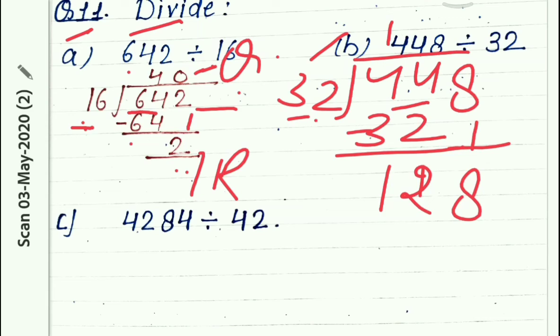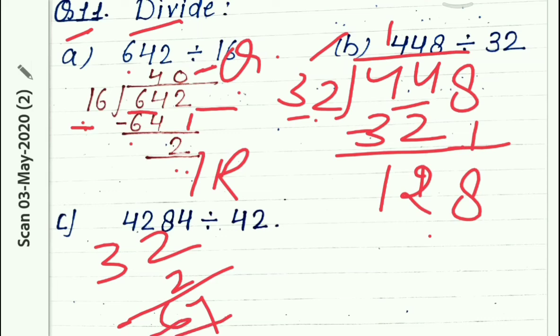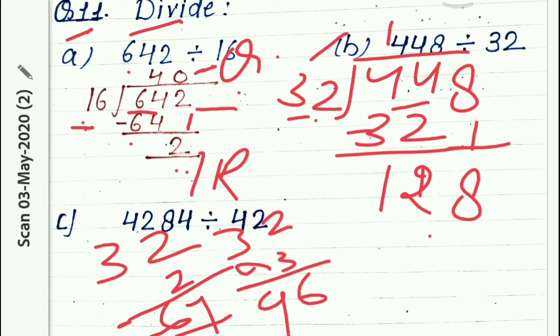Now 32 into 128, how many times will it be divisible? You can also do multiplication here. 32 ones are 32, 32 twos are 64, 32 threes are 96, which is still less, and 32 fours, if we multiply, 4 twos are 8 and 4 threes are 12, it is coming 128.